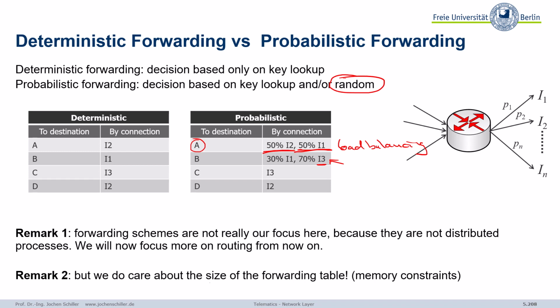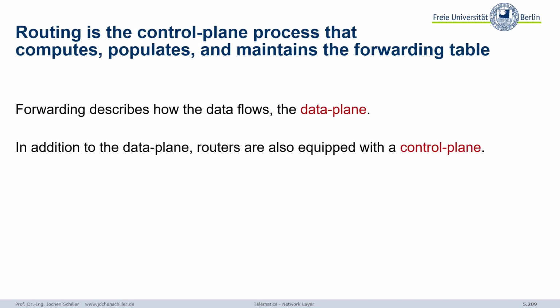Okay, so routing. Routing, as I said, is the process that, in the end, creates some end result that fills the forwarding table. So that's more control plane. What does it mean? Routing is based on a control flow of data between different routers with the help of routing protocols. Then you have a routing algorithm that computes certain content, and in the end you fill the routing table and derive from that your forwarding table.